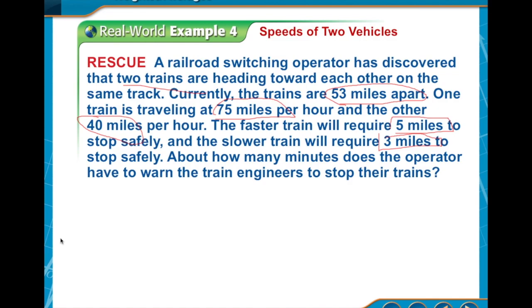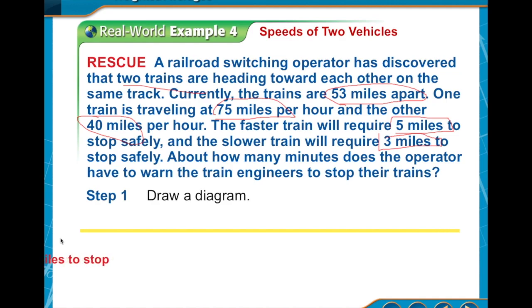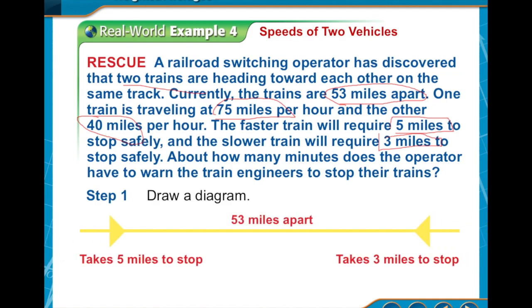First we'll need to use those numbers, and we can draw a diagram to help us understand what's happening. We already said they're 53 miles apart, so we can imagine that's the distance here. This one's going to take 5 miles to stop. This one will take 3. So we have that, we're good to go. And we can now talk about our table that we need to fill out.